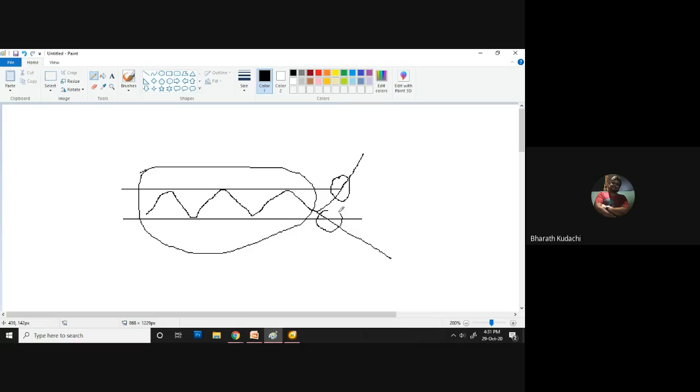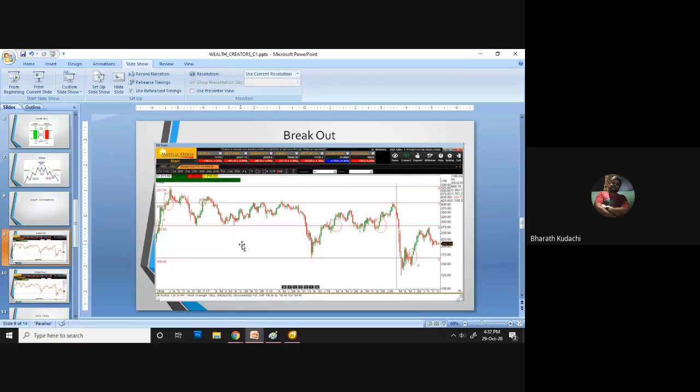At this point, we call it a breakdown. In simple words, breakout and breakdown. If the stock price passes my resistance, it is a breakout, meaning it is going up. If the stock price passes my support, it is a breakdown. So here are the simple examples that I have given.